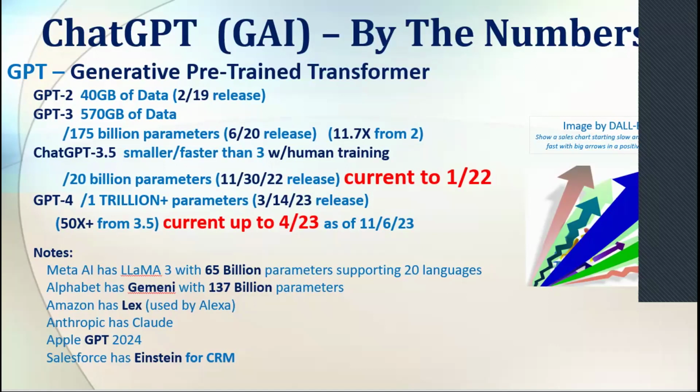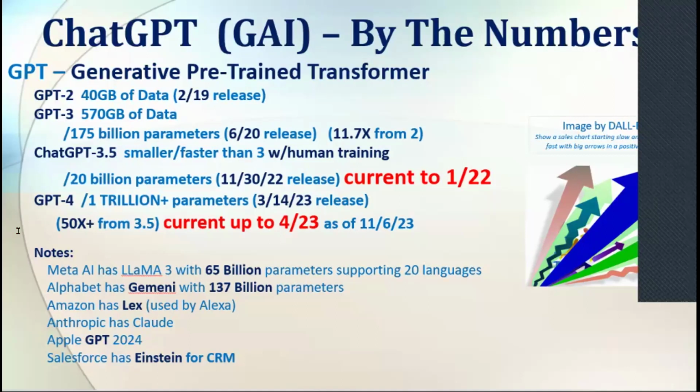We're going to be going into Salesforce. We're going to be going into QuickBooks. We're going to be going into SaaS. We're going to be using computer tools that have AI built into them and generate everything. I'm going to talk about Microsoft Office Copilot, which is cool and powerful. There's some bugs in it, but it's actually a pretty generous offer. And here are some of the other players: Meta, Alphabet, Amazon, Anthropic, Apple, Salesforce, as Einstein.